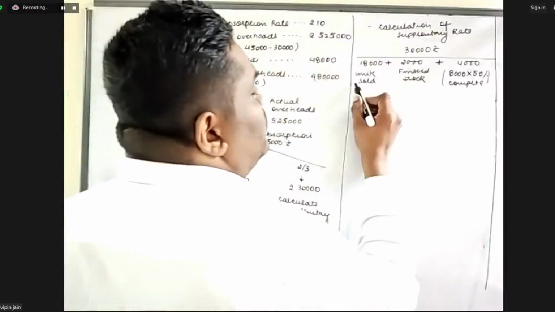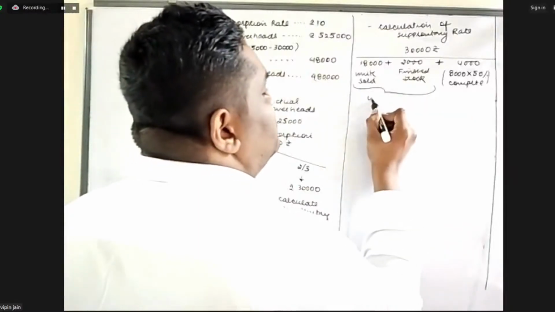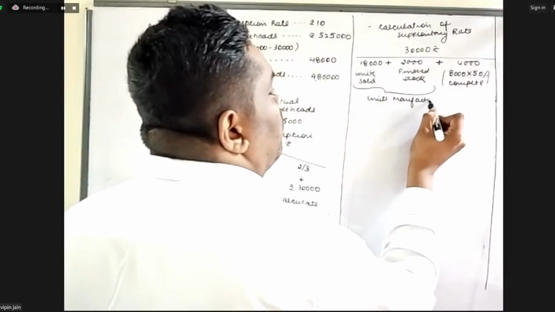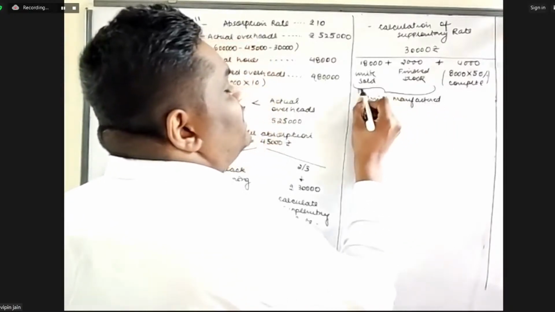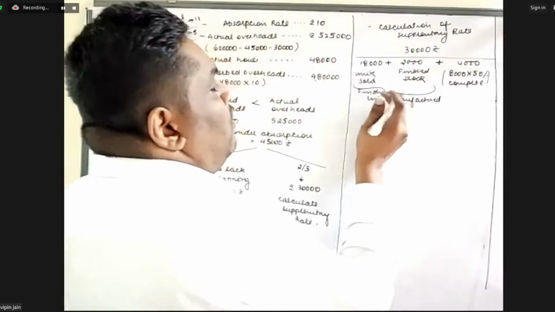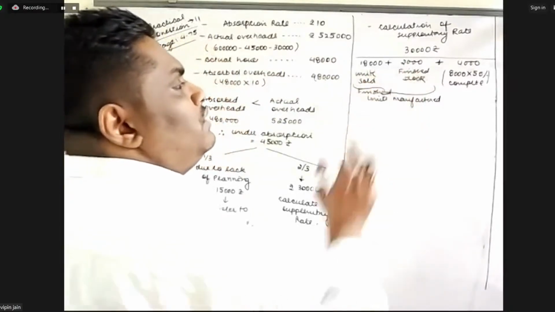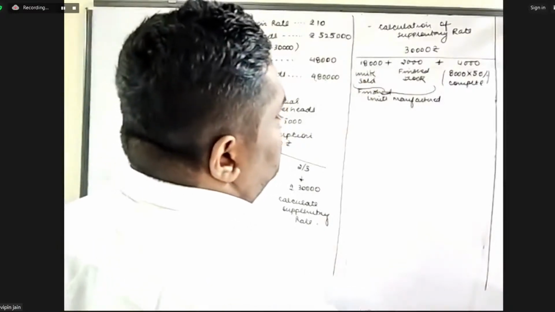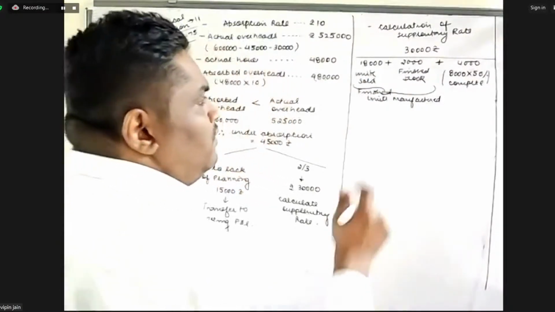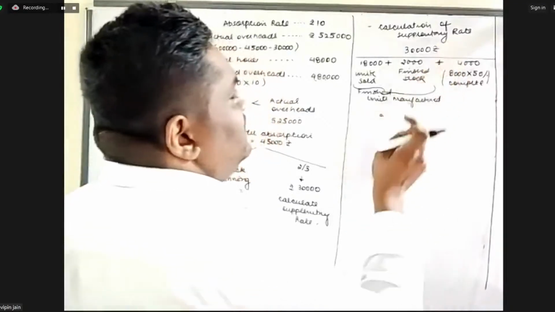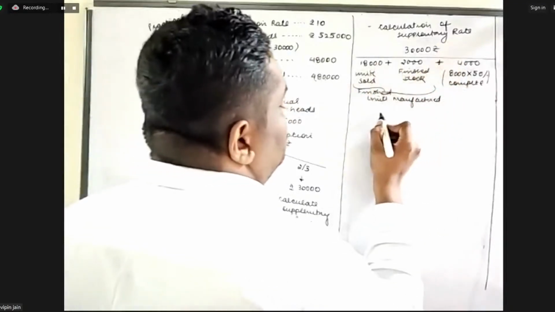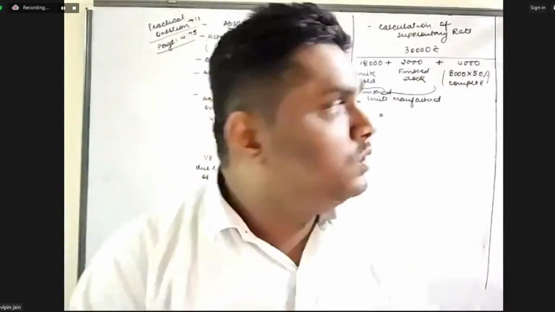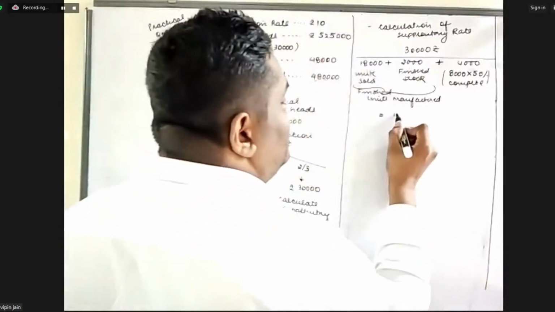So out of the total units manufactured, 18,000 are sold and 2,000 are still in stock. So now we'll calculate the supplementary rate, that is 30,000 divided by 24,000. So this will be 1.25 per unit, I think.